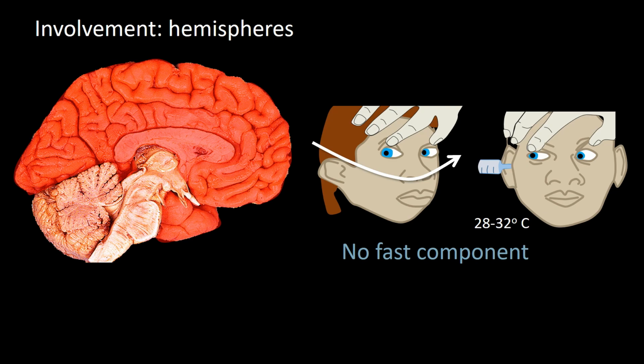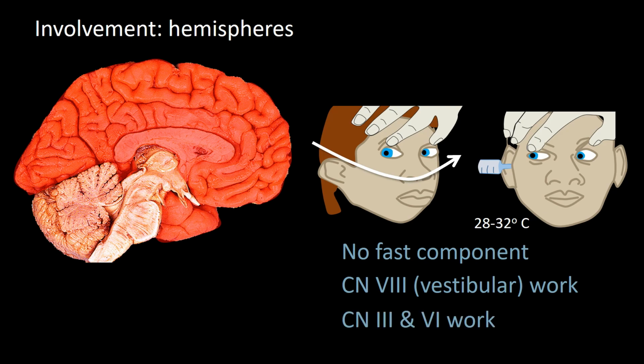The slow component drives both eyes against the direction of the head turning, and cold caloric slowly brings the eyes towards the irrigated ear. These results also establish normal functioning of the vestibular component of cranial nerve 8, cranial nerves 3 and 6, and their interconnections.